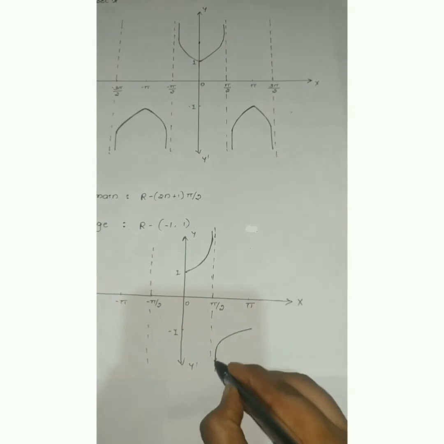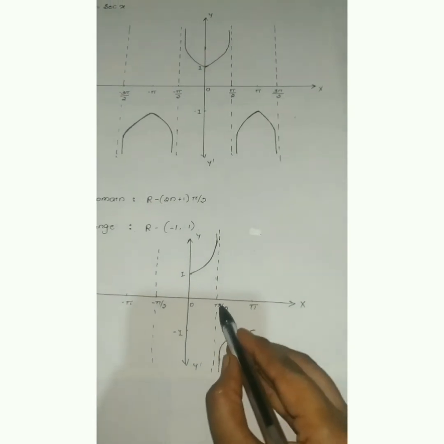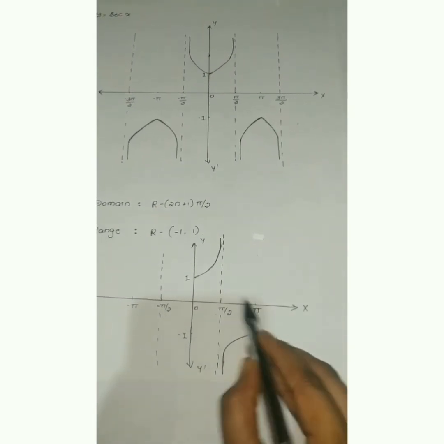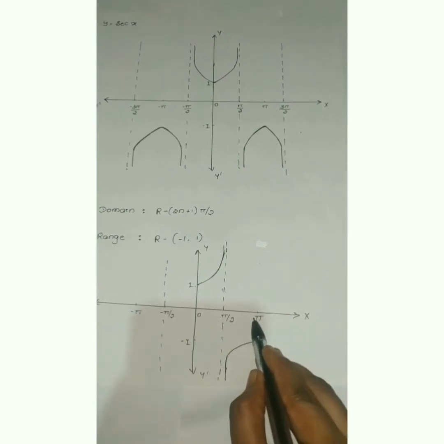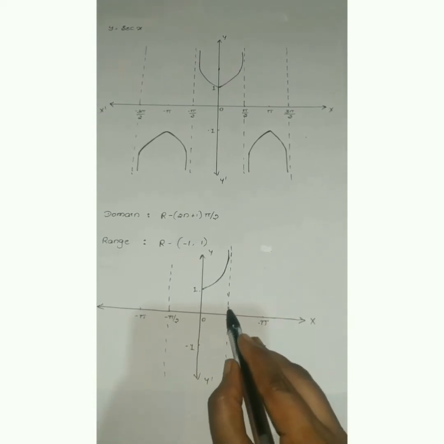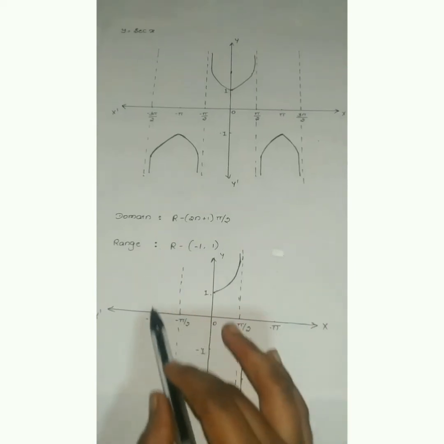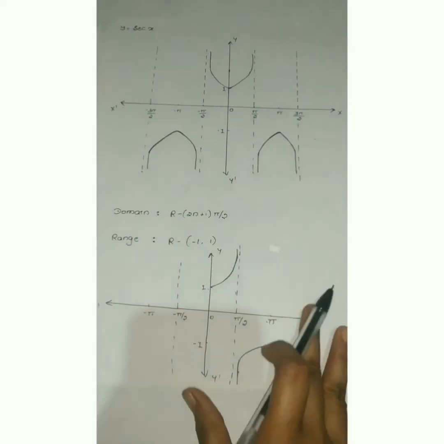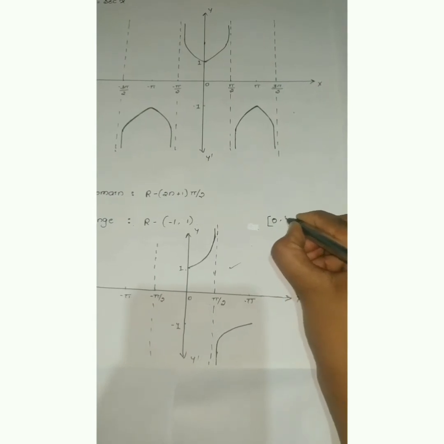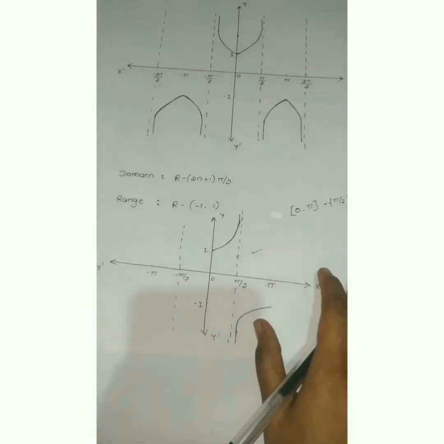So observe this graph, 0 to pi including 0 and pi, but except pi by 2 values. So this is the bijective secant function, closed interval 0 to pi except pi by 2 values.